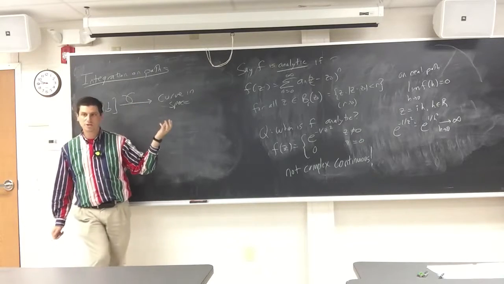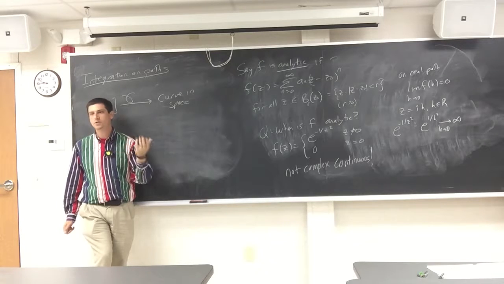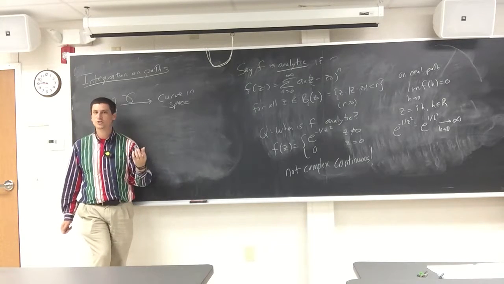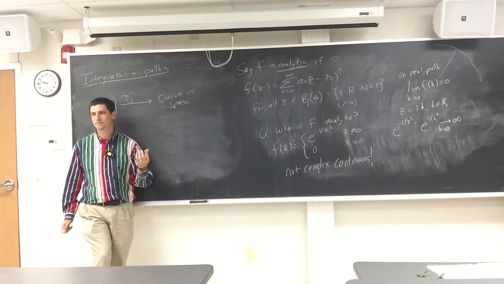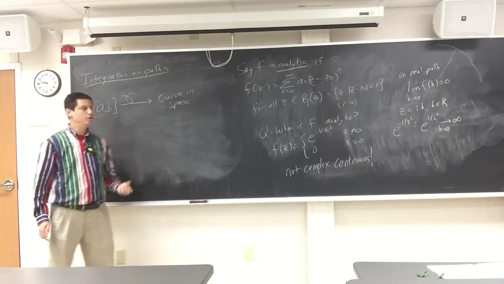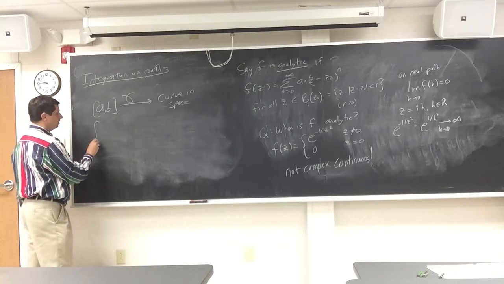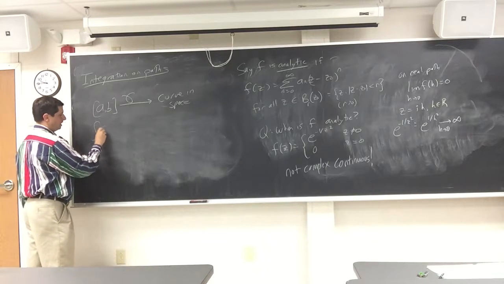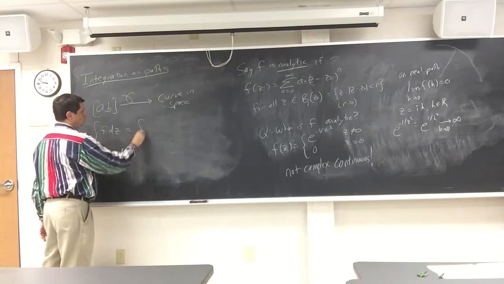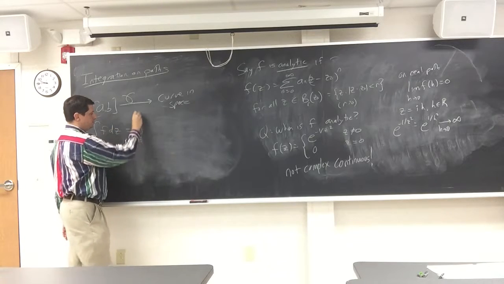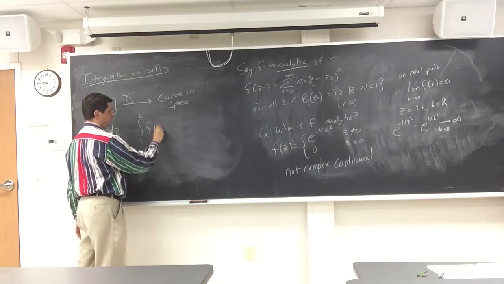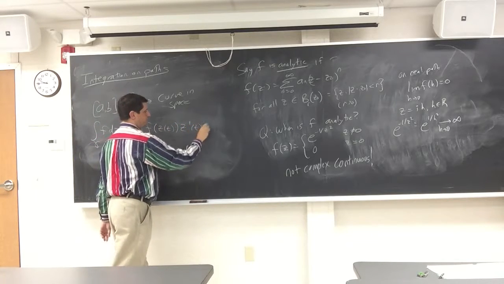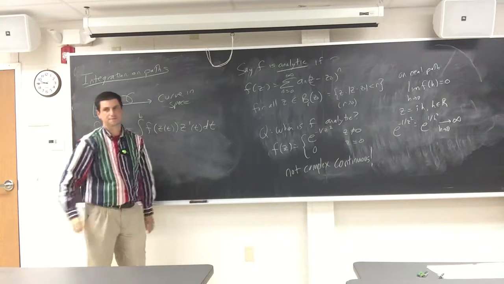Maybe gamma is piecewise continuous. Maybe it's differentiable except at finitely many points. Maybe it's closed, so gamma of a equals gamma of b. And so what we're going to do is, by the integral along some curve gamma of f dz, we're going to mean the integral from a to b of f of z of t, z prime of t dt.